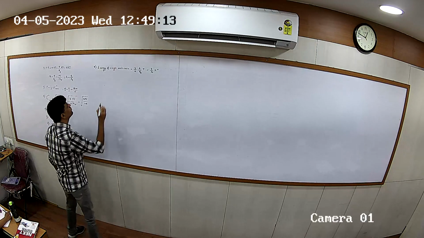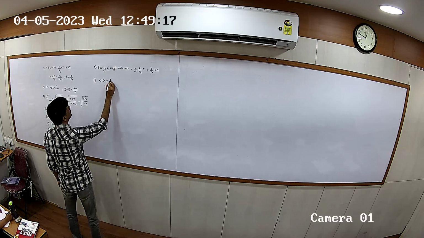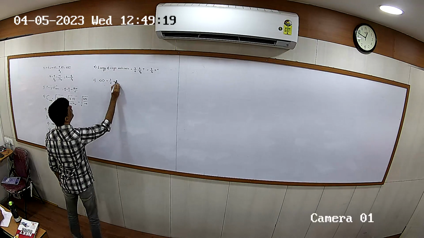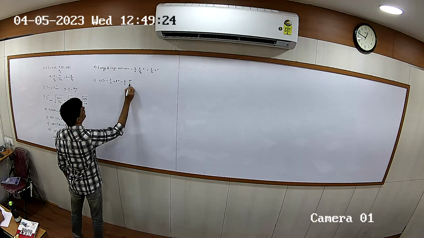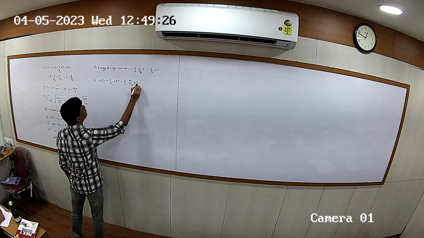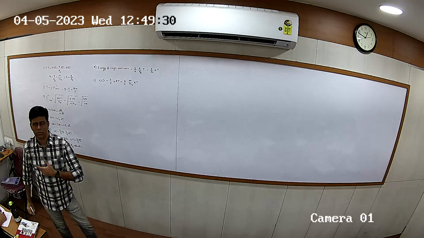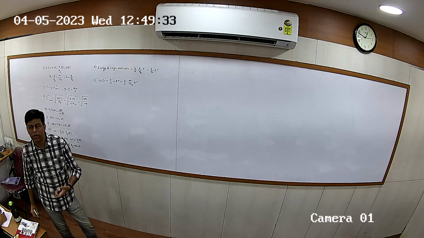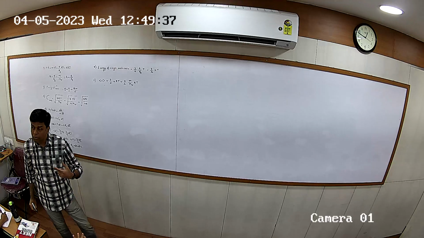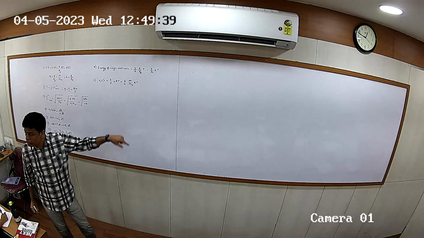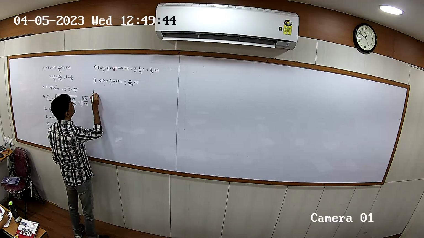And this n, suppose I write 3 by 2 nRT, 3 by 2 into mass of the gas upon molecular weight, this is energy of the gas of mass M. Sometimes your problem will be find energy of 50 kg of oxygen or 30 kg of oxygen, something like that. Or it will be 15 liter of oxygen. Then you go in terms of volume, or you go in terms of mass. Is it clear? That's the 9th formula.